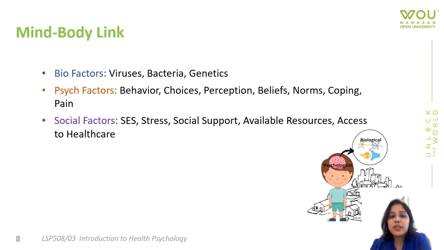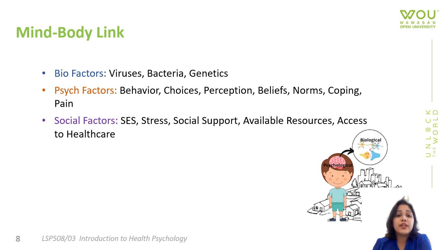Now let's go into looking at the mind and body link, as I've mentioned earlier. When we look at the mind and body framework, there are the biological factors, the psychological factors, and the social factors. The biological factors include viruses, bacteria, and genetics.